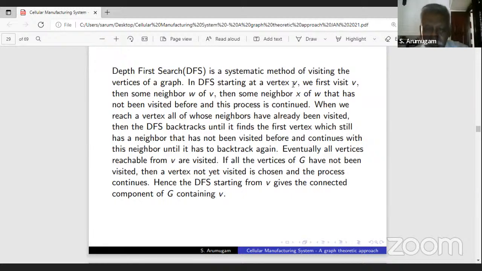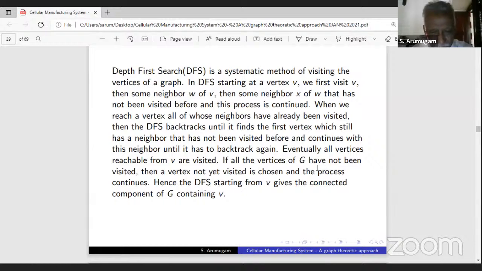Suppose all the vertices have been visited. Then what can you say about the graph? Every time you are visiting a vertex not yet visited, and you are continuing the process until there is no other vertex to be visited.